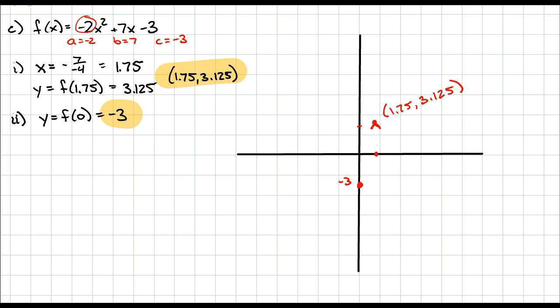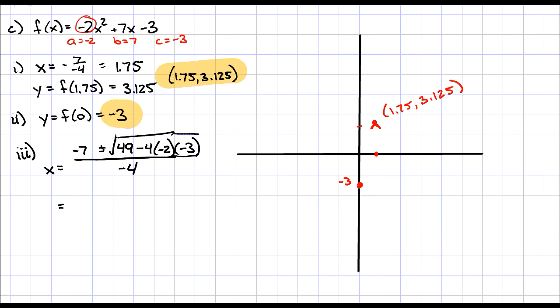Now for the x-intercepts, we are once again going to have to use the quadratic formula. And so this is going to give x equals minus b, so it's negative 7, plus or minus the square root of 49 minus 4 times a times c, over 2a, so over minus 4.